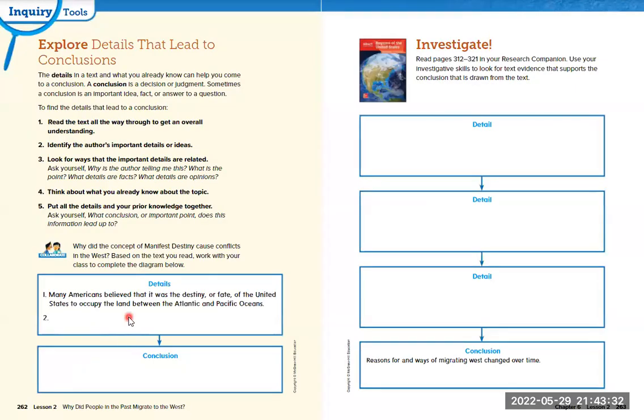And then using those two pieces of information, we know that even though they believed it was their destiny or the fate of the United States to occupy the land, because the United States didn't own all of the land, this caused many Americans to still try to help the United States own that part of the land that wasn't the United States' yet.